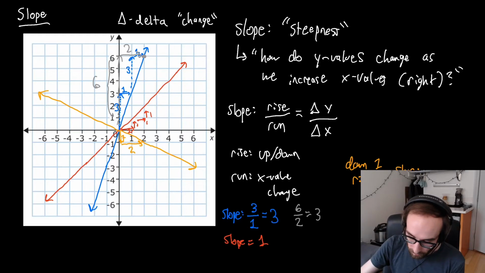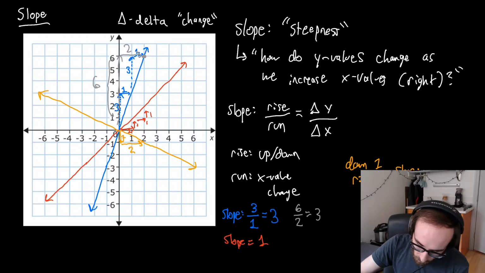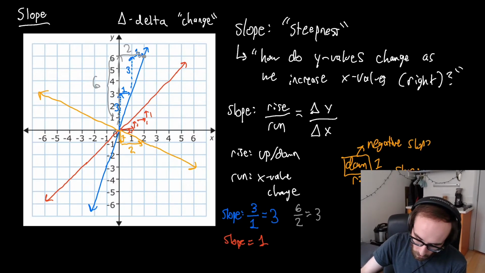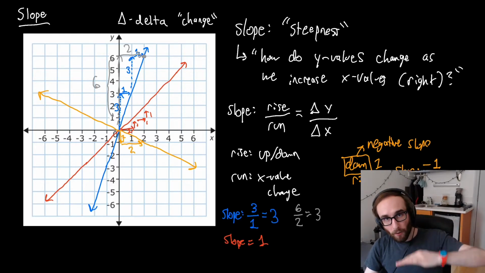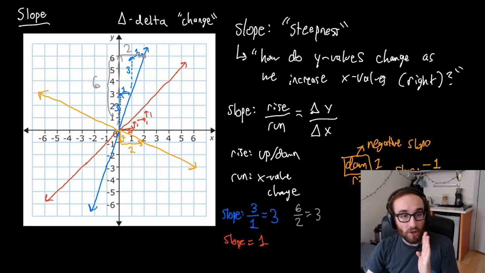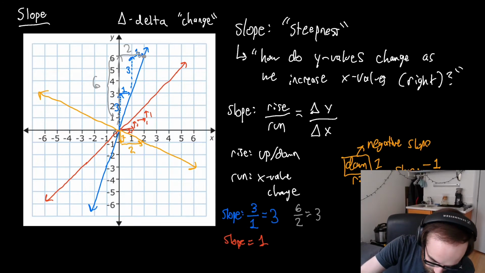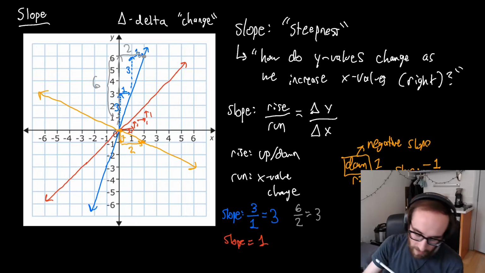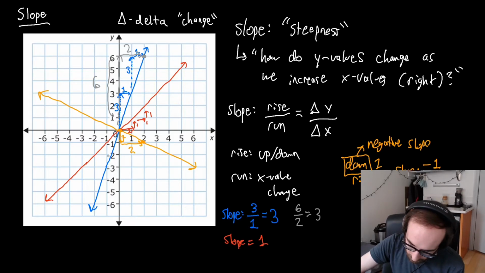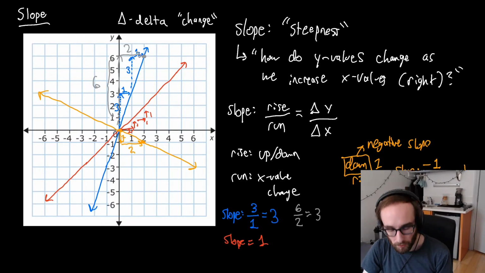Positive or negative is important. If our graph is going down, then we have a negative slope. So here our slope is going to be negative 1 divided by 2. So our down 1, change in y, divided by the change in x, which is 2. We have a change in x of 2 between these 2 points, 0, 0, and 2, negative 1. So negative 1/2 is our slope for orange.